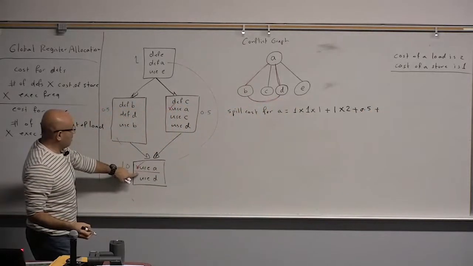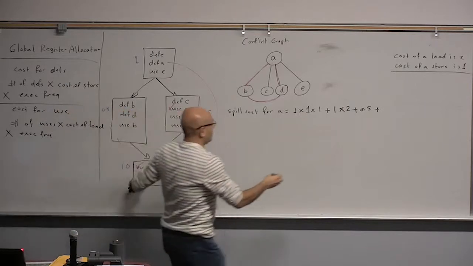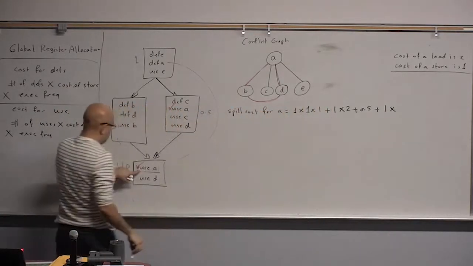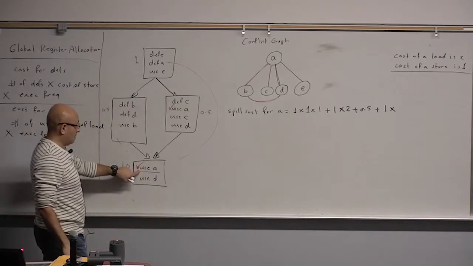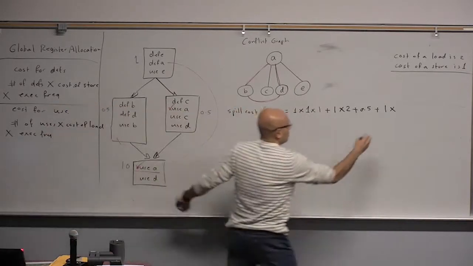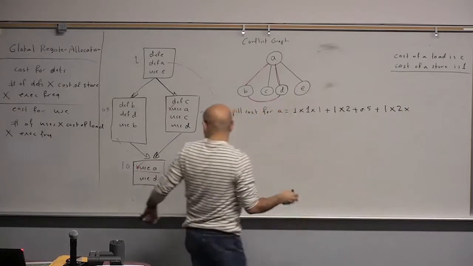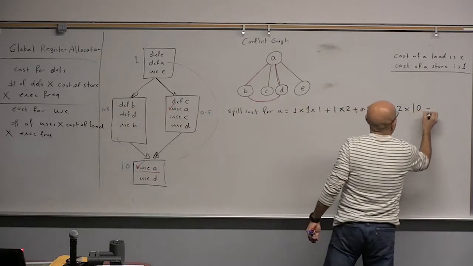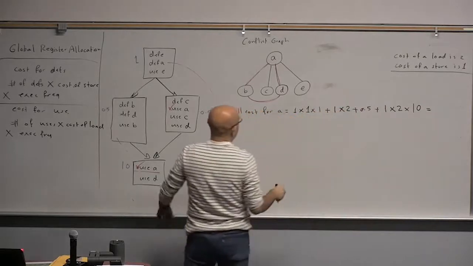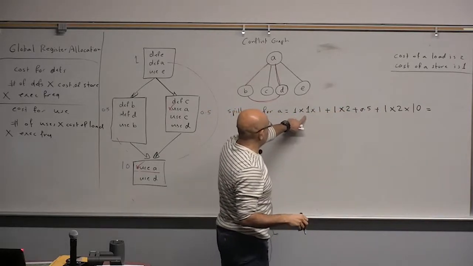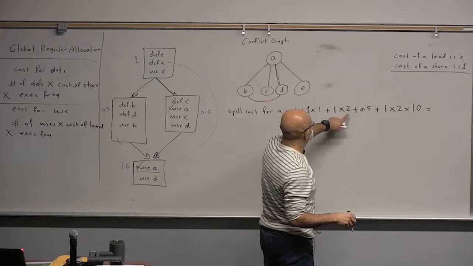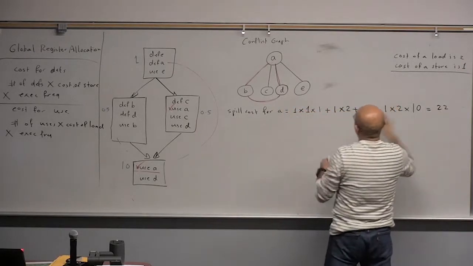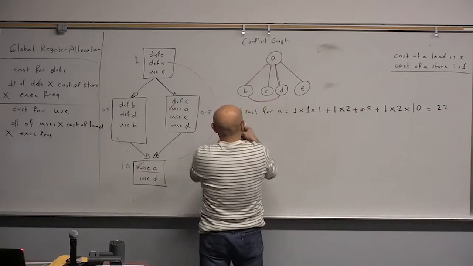Here, we have 1 use of A. So we will have 1 times the cost of a load or a store? Load, which is 2. And what's the frequency? 10. So what will be the spill cost for A? This is going to be 1 plus 1 plus 20. So that's going to be 22. So we label this with 22.